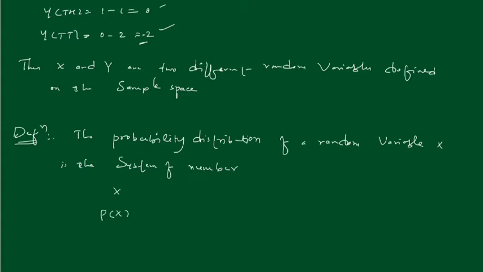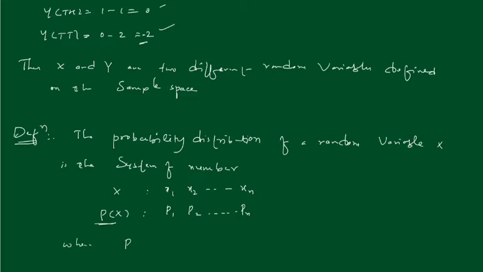Here p of x is nothing but our probability distribution. For example, if we have x as x1, x2, so on, xn in general, then the probability distribution is p1, p2, so on up to pn.